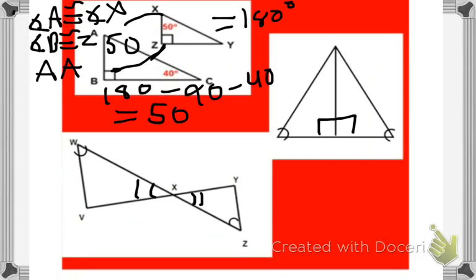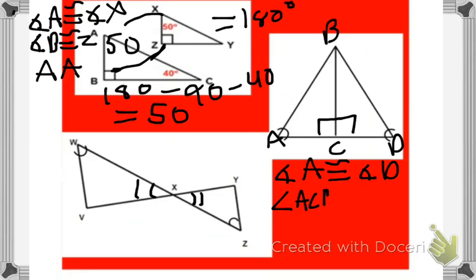Alright, if you look at this triangle, which doesn't have labels, so we'll just go ahead and label these A, B, C, D. We notice that angles A and D are congruent in the two triangles. So angle A is congruent to angle D. And we notice that angle ACB is congruent to angle DCB.